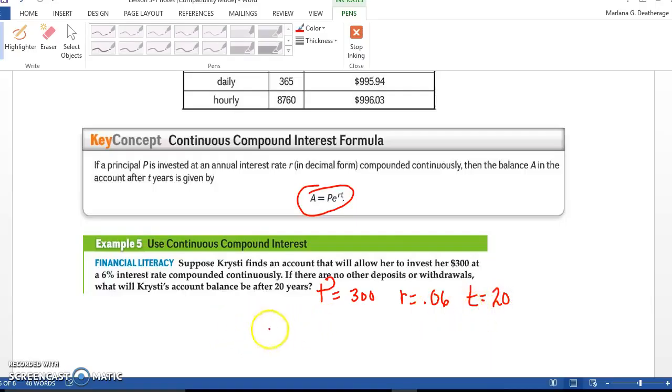Okay, so A, the balance, will be principal, which is 300, times e, which is 2.78 blah blah blah, to the 0.06 times 20 power.